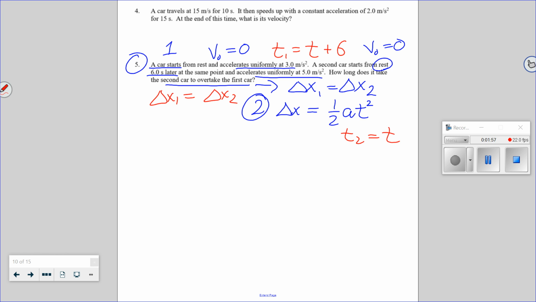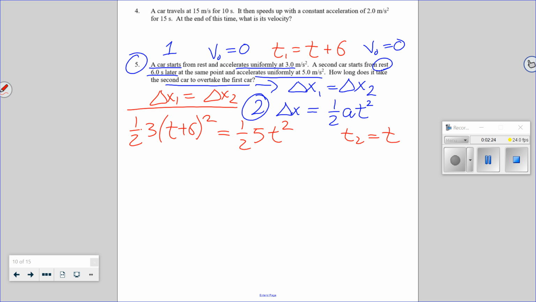How much time does it take the second car to catch up with the first one? Okay, so on the x1 side, we have 1/2 of 3. That's acceleration was 3 meters per second squared, and then we have t plus 6 squared. On the x2 side, we have 1/2 times 5t squared, because that's the t.